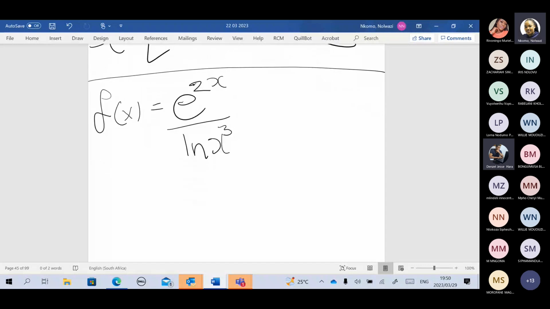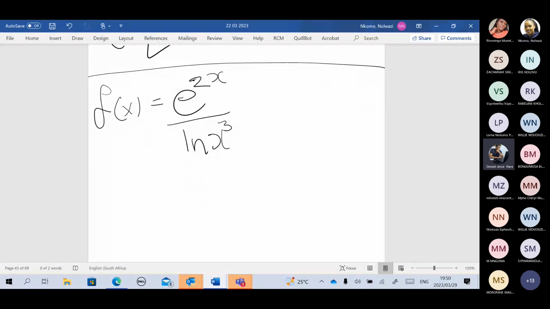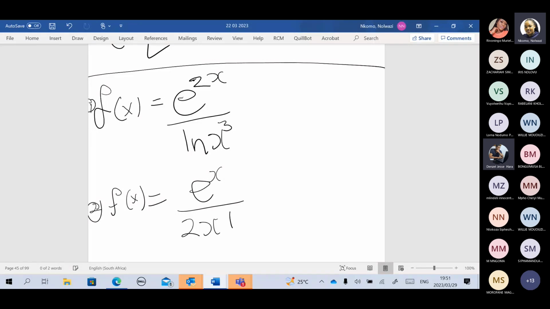And number 2: f of x equals e to the power x over 2x plus 1. You need to find f prime and the third derivative.